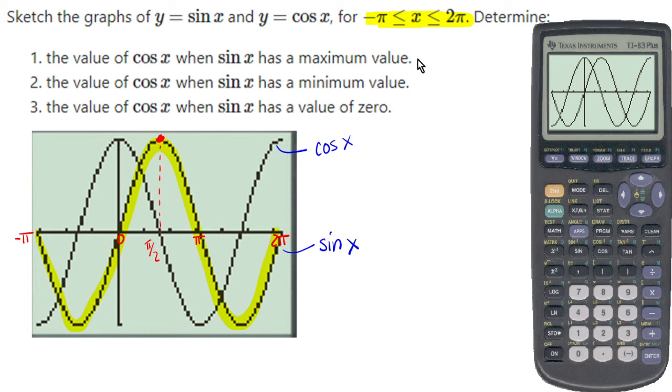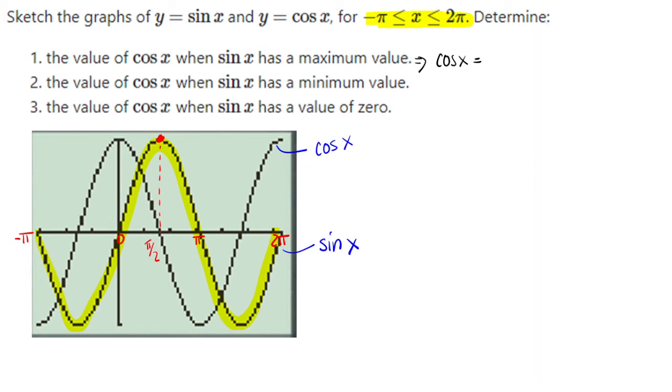So we can say here that cosine of x equals 0 at sine of x maximum, and we can get rid of the calculator now.